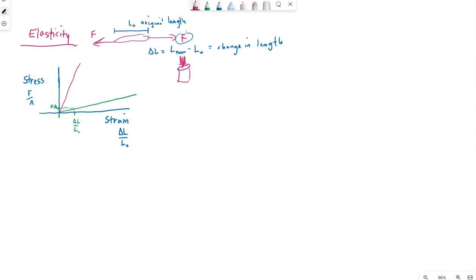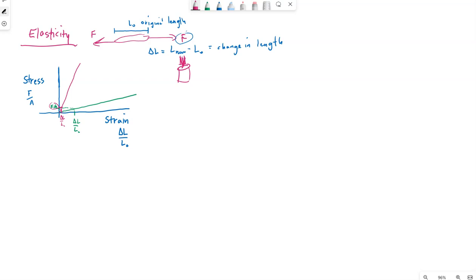So a small force per area resulted in a very small strain. And so ultimately, it takes a really large stress to get a strain. The slope of that line is very steep compared to the slope of the line for a rubber band.